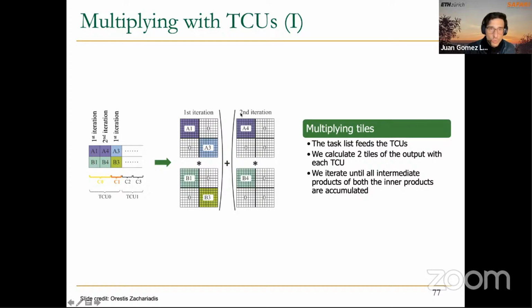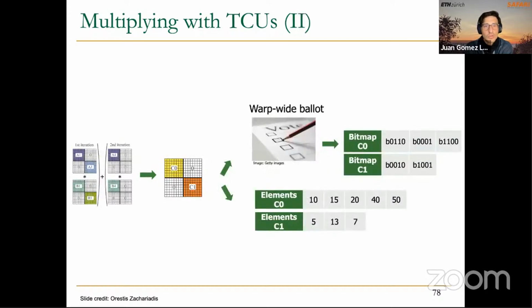In the second iteration, we place this A4 here, B4 here, and so on. And after having performed this multiplication, we will accumulate, which is what this plus sign represents, and this way perform all the tile-wise multiplications that are necessary to obtain the correct results in the output matrix C.